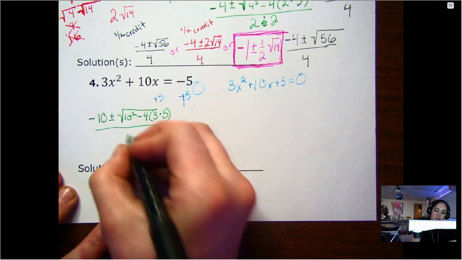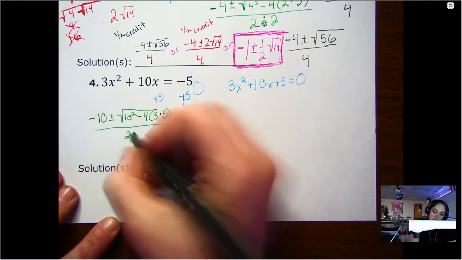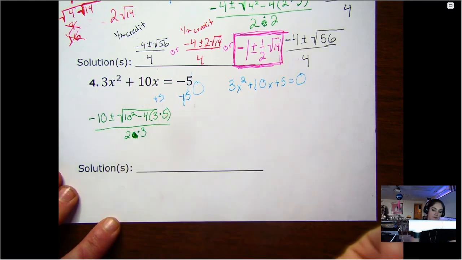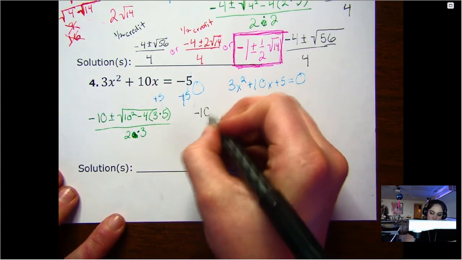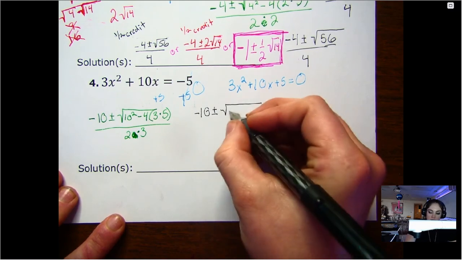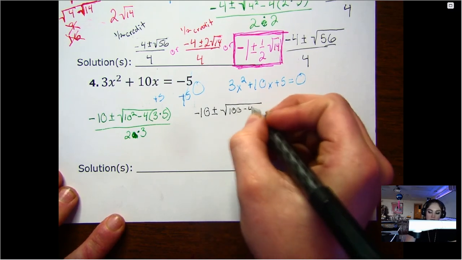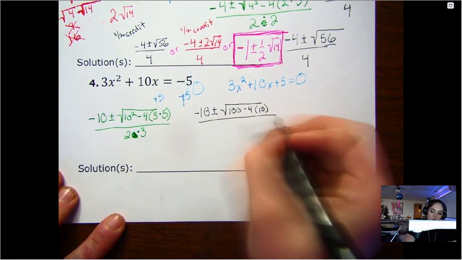all over 2a. Once again, you have this formula on the other side. I keep writing a times 3. When we solve that out, that becomes negative 10 plus or minus 100 minus 4 times 15 all over 6.